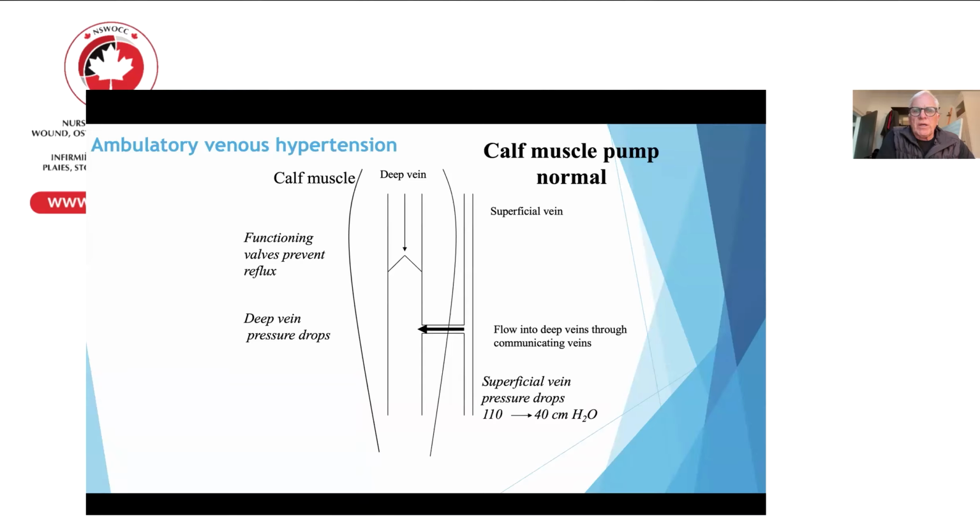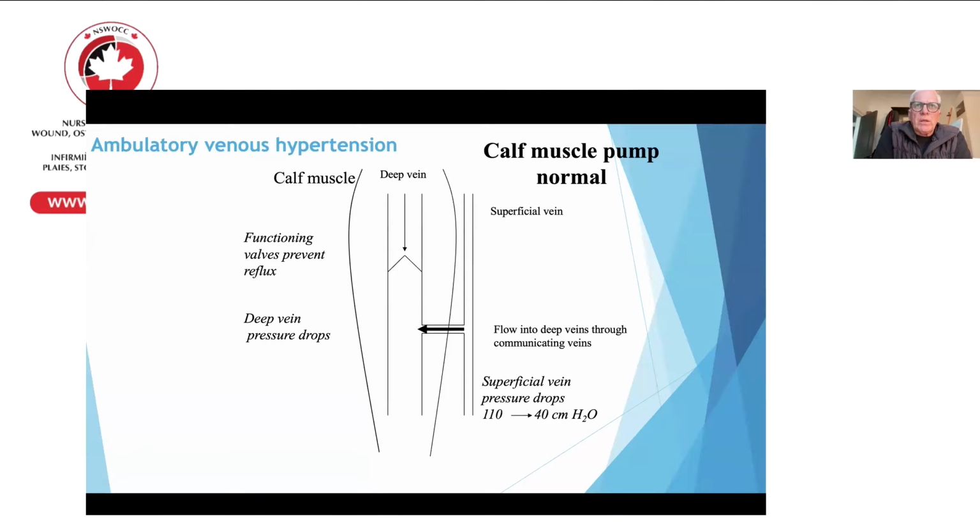If you think of this schematic diagram of the calf, with the deep veins being the main veins that take blood out of the leg, and the superficial veins, you'll see there, they drain into the deep veins, which are embedded within the muscles. So that shape there is really the calf muscle that surrounds the deep veins.